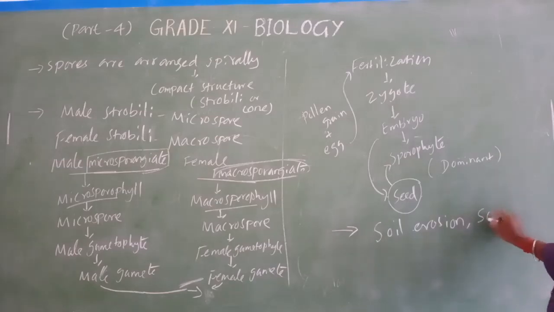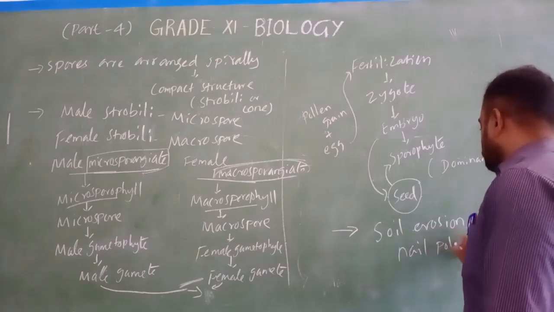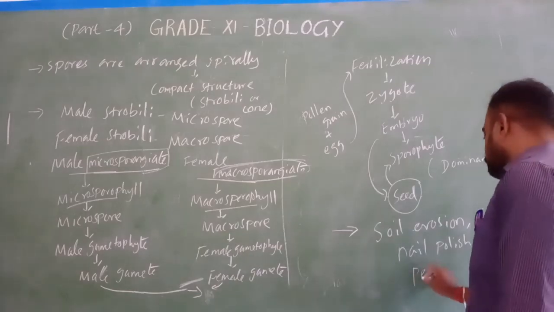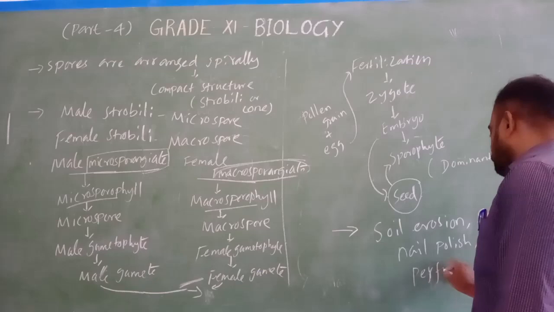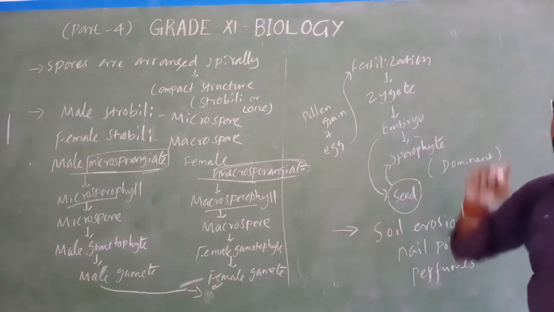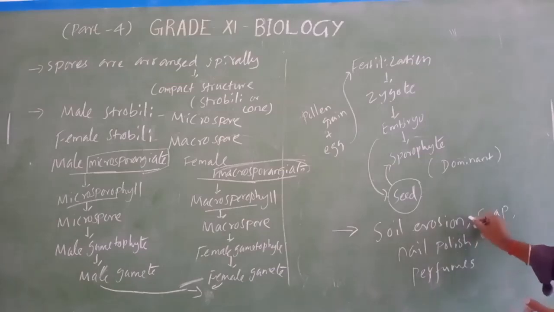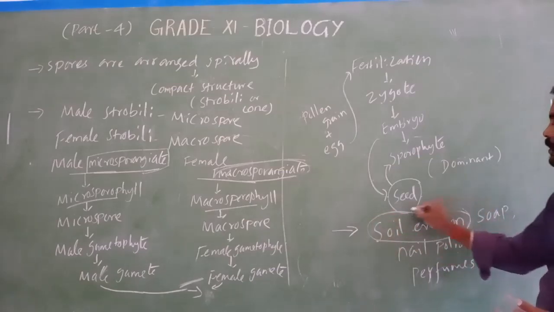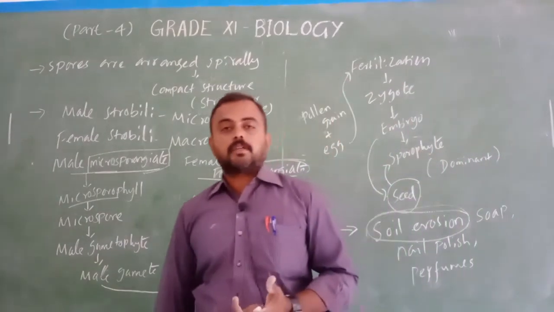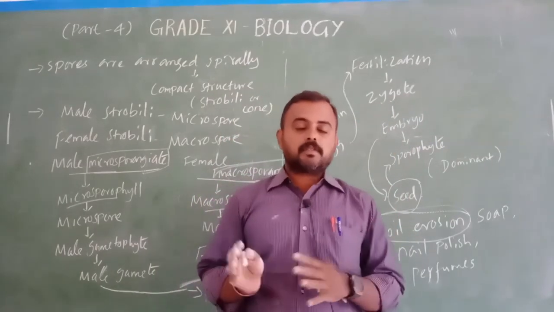They are used to prepare soap, nail polish and perfumes. Mainly they prevent soil erosion in the forest. They can live for a very long time. That's why the forest area is fully green in color, because of most of the gymnosperms.